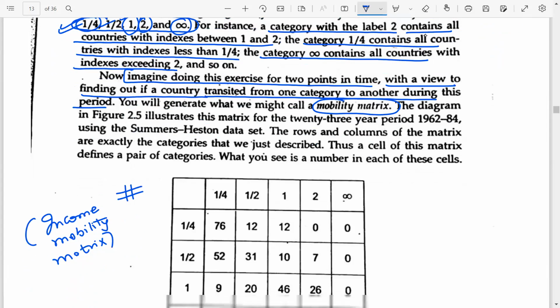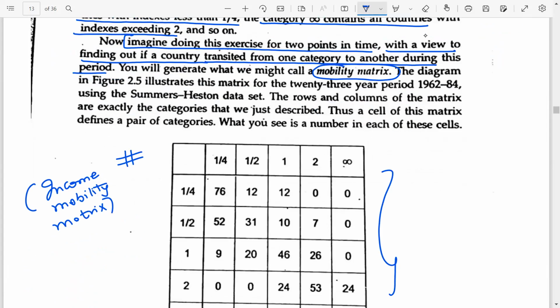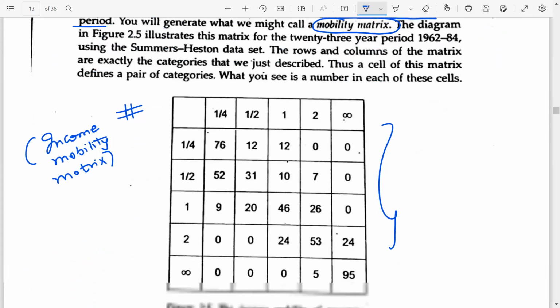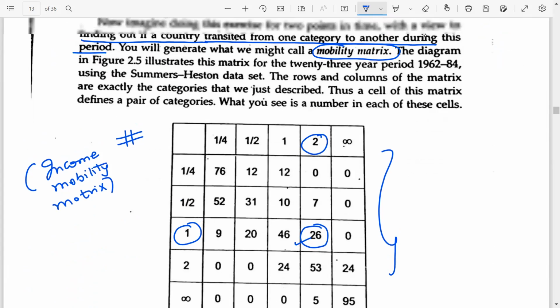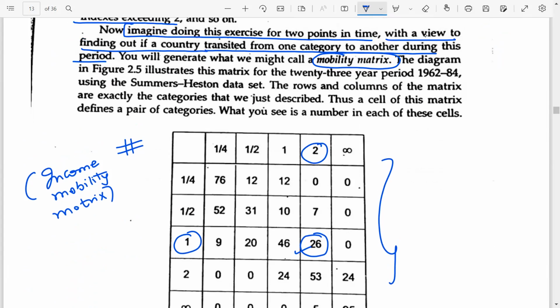So look at this mobility matrix diagram. Now, if I ask you, how do I interpret 26? This matrix is for the 23-year period from 1962 to 1984.